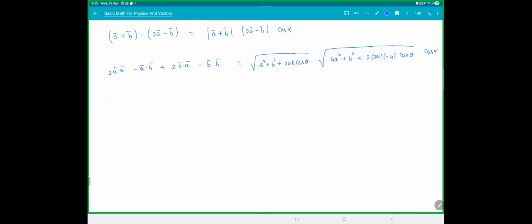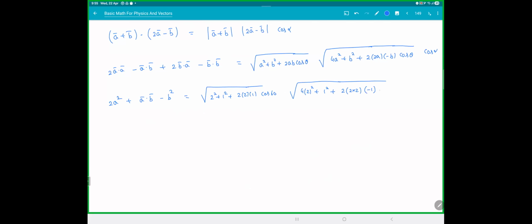A dot A is A square. This is A dot B minus B square. The values of A and B are given, right? So A is 2 and B is 1. So 2 square, 1 square, 2 into 2 into 1 into cos 60, since theta is 60. This is 4 into 2 square plus 1 square, plus 2 into 2 into 2 into minus 1 into cos 60.